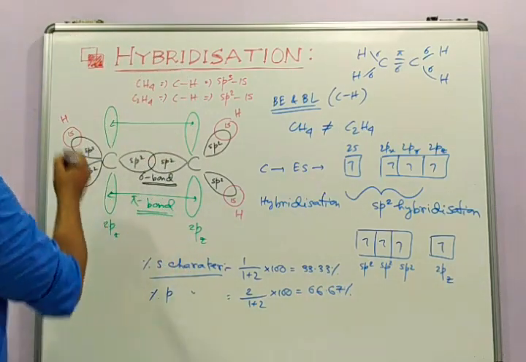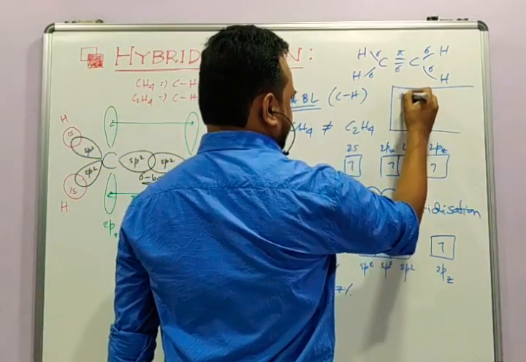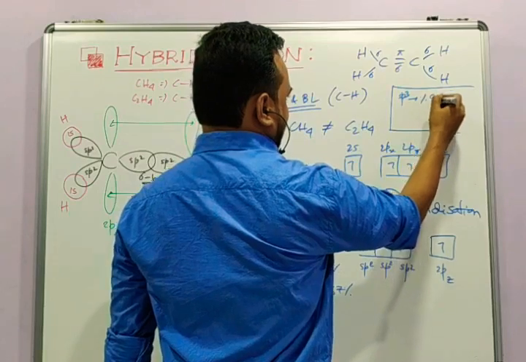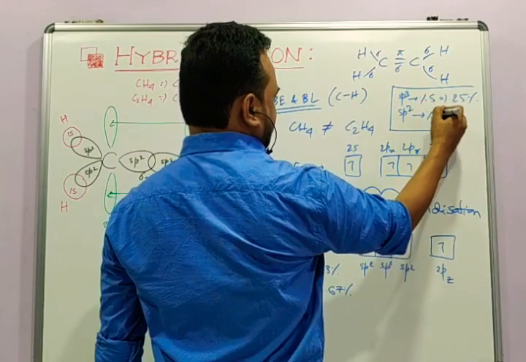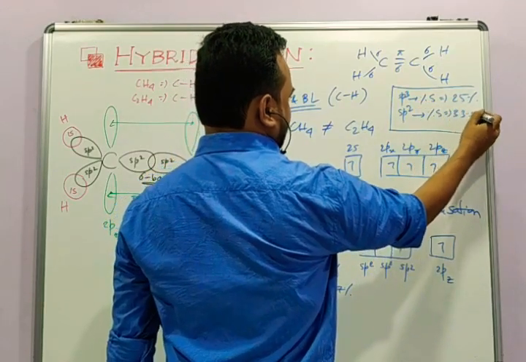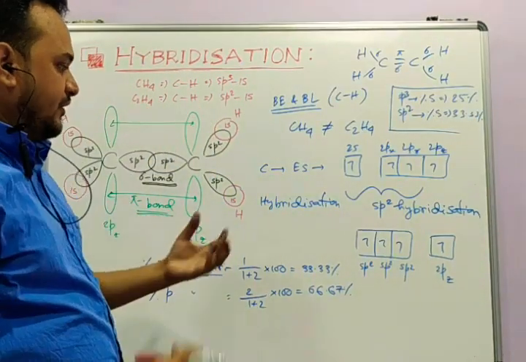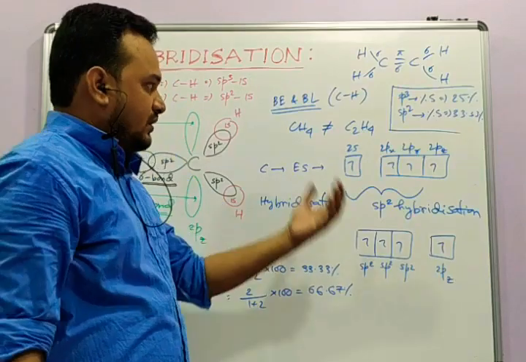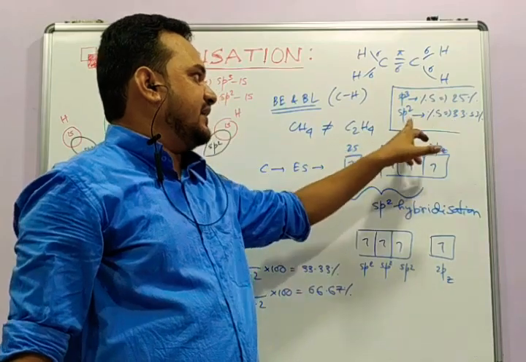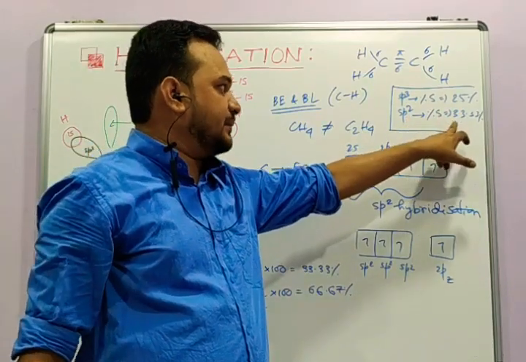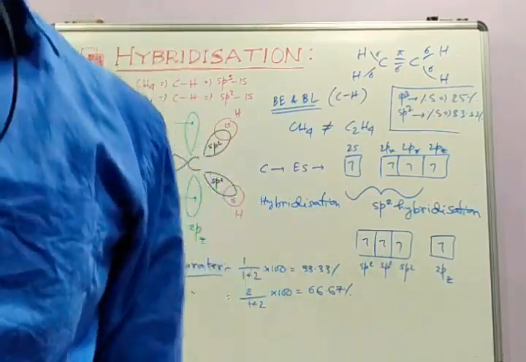When it was sp3, the percentage s character was 25%, right? But we can see in sp2 the percentage s character is 33.33%. That means now the hybrid orbital will be more like a sphere compared to sp3, because the s character in an sp2 hybrid orbital is 33%, whereas in sp3 it is only 25%.